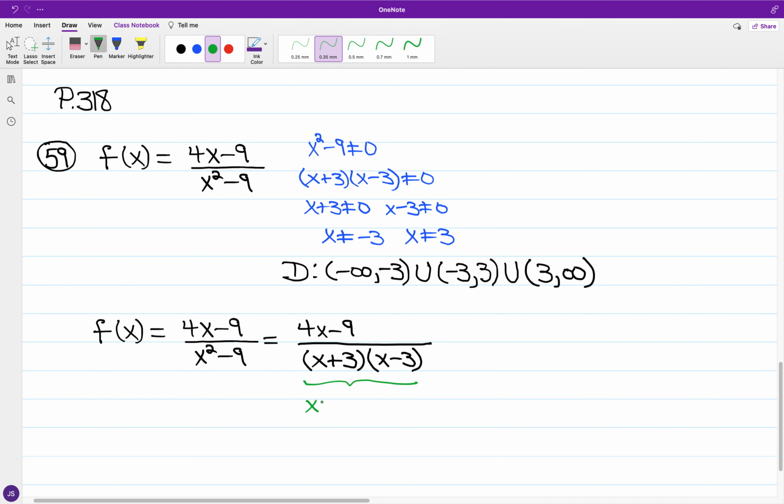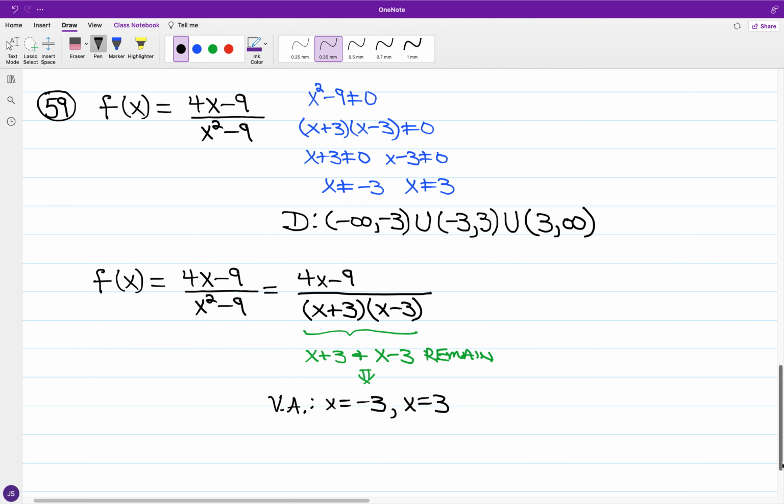Both x plus 3 and x minus 3 remain, so both exclusions from the domain are going to be vertical asymptotes. We have two vertical asymptotes: x equals -3 and also x equals +3.